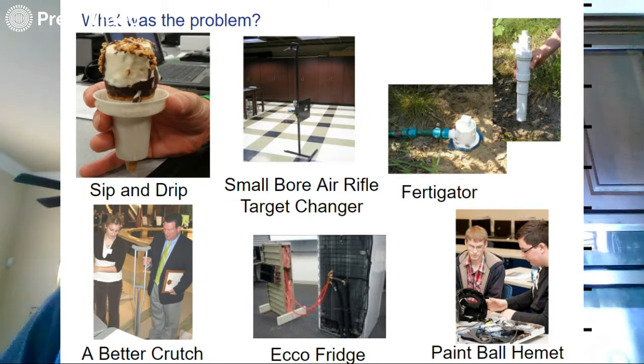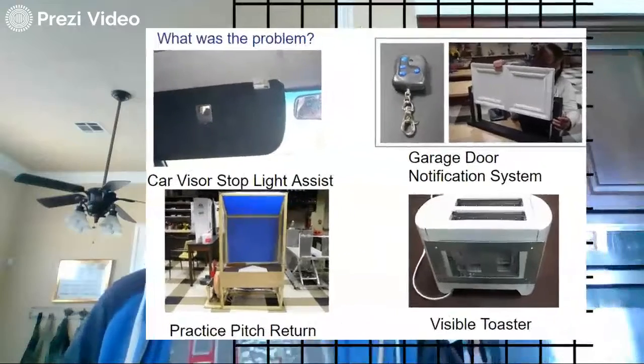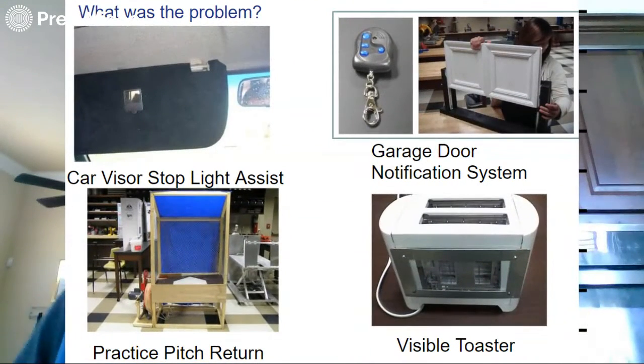The problem they were solving there was the ice cream is melting and getting all over your hands, right? The paintball helmet down here, I think, probably had something to do with paintball getting on your face or your head. Then moving on to the next one, your car visor stoplight assist.